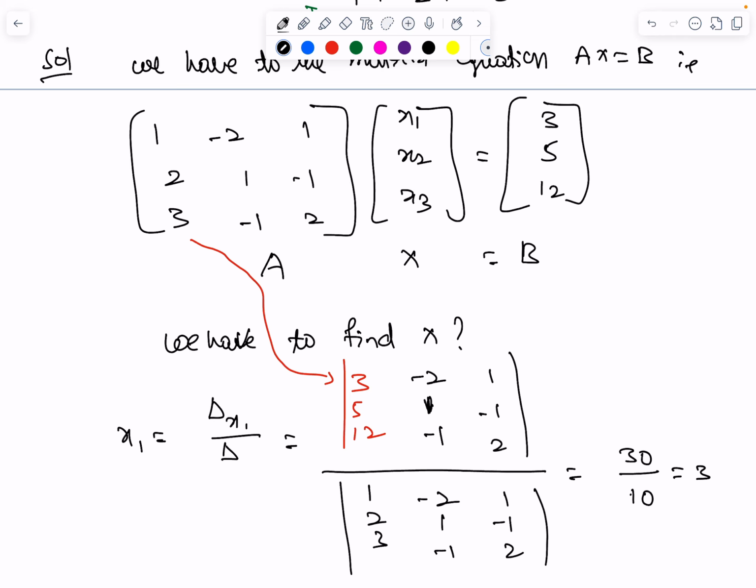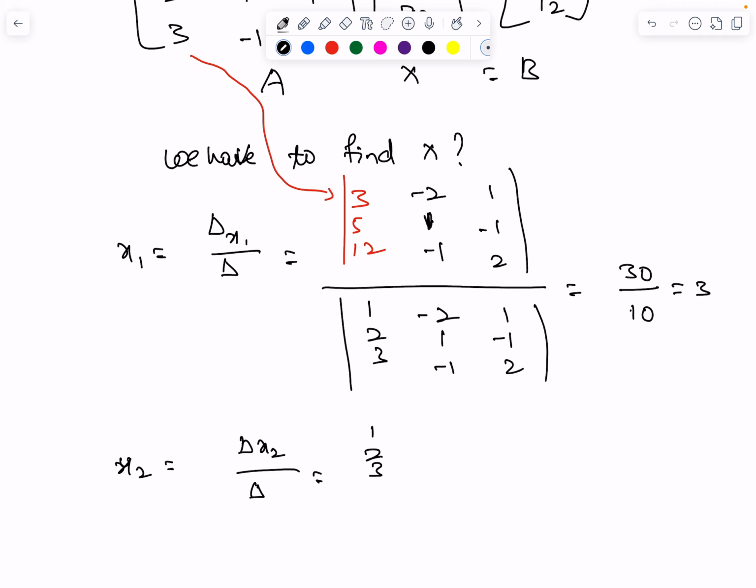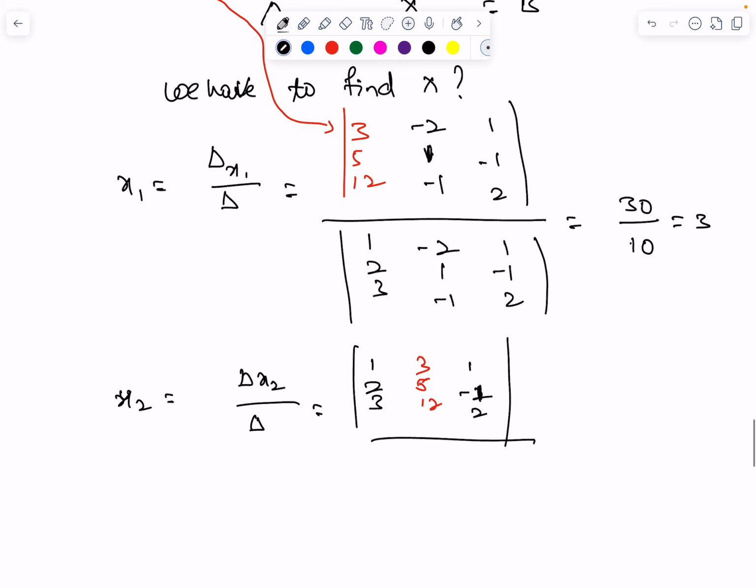Therefore, only the second column we are replacing, that means 3, 5, 12 we are writing in the second column, divided by the determinant of A. You might have noticed that the determinant of A is already calculated, that is 10. Only the numerator determinant needs to be found, which is 10, therefore x2 is 1.